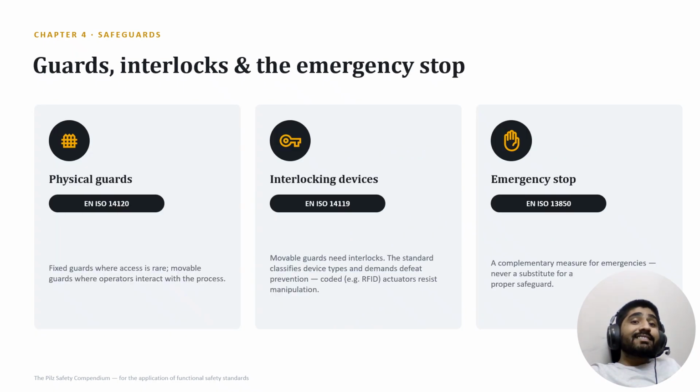Chapter 4 covers safeguarding in detail. Physical guards are specified in ISO 14120. Fixed guards where access is rarely needed, and movable guards where operators interact with the machine. A movable guard needs an interlocking device, and those are governed by ISO 14119.